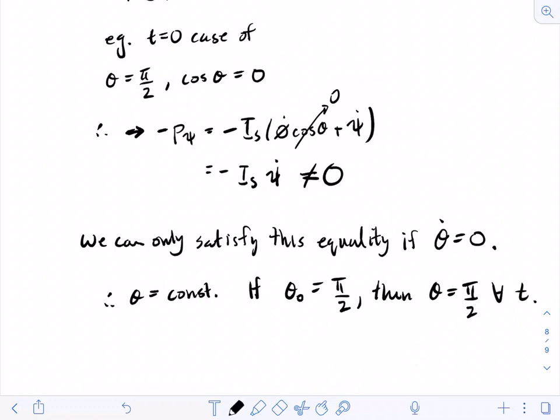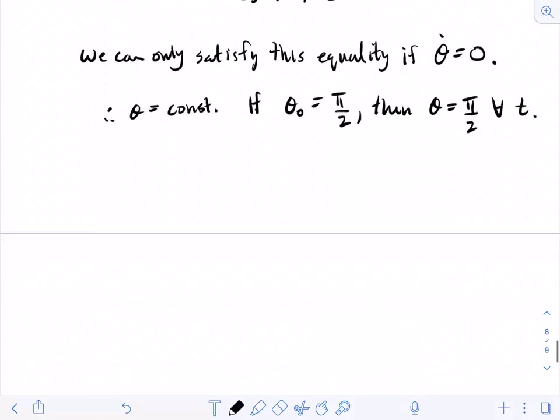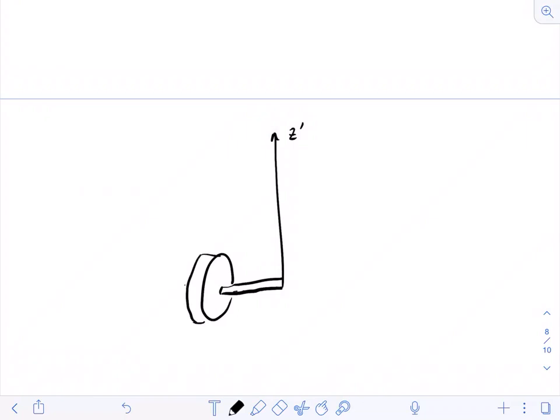Okay, well, what that means is that the angle between our fixed axis z prime and the symmetry axis, so here's our top, right? And so here's our spinning top or our bike wheel or whatever it is. And so this is z, and theta is the angle between these two axes. And so theta is equal to pi by 2 for all times.